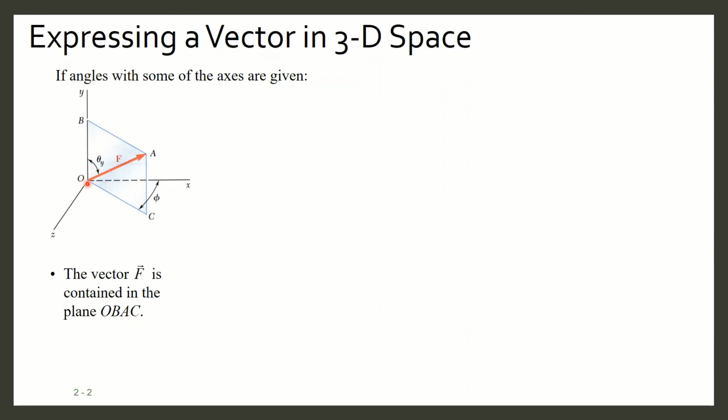Suppose this is your vector F, and these are the axes x, y and z, and suppose this vector is starting from the origin O, and you know these angles, so it is inclined with angle theta y to the y axis, and this plane in which we are having the vector, OBAC, is inclined with the x-axis by an angle phi.